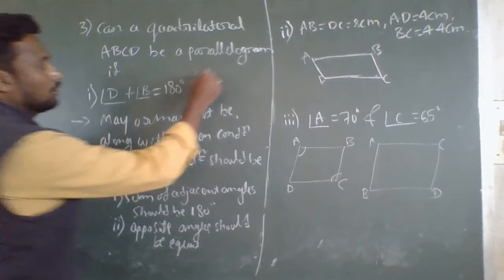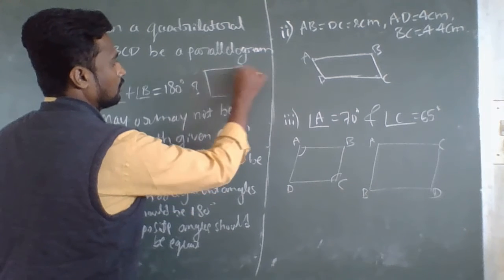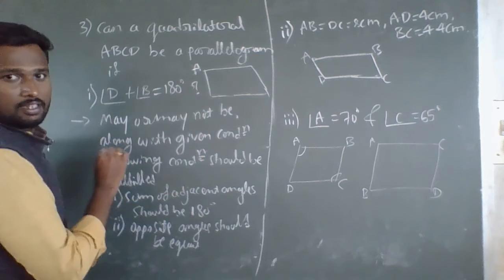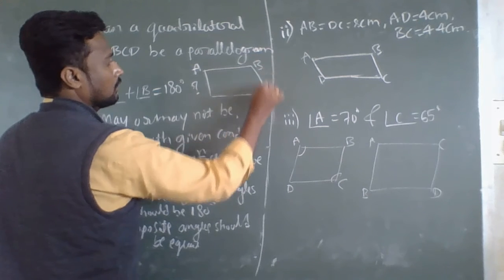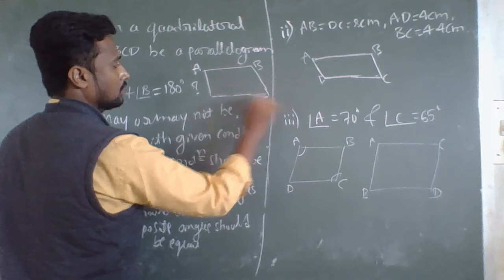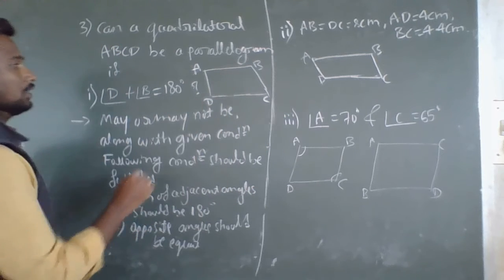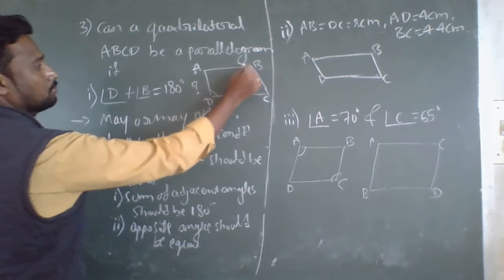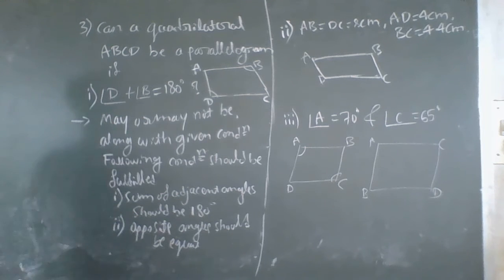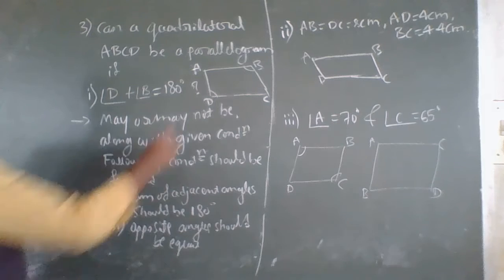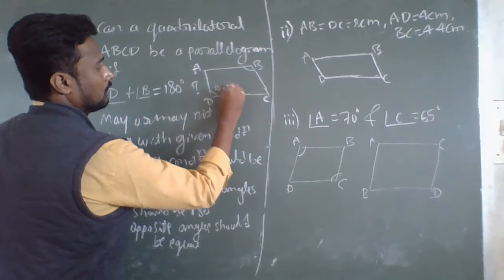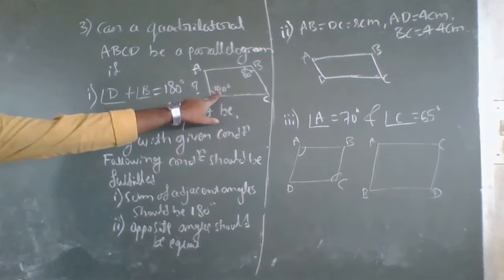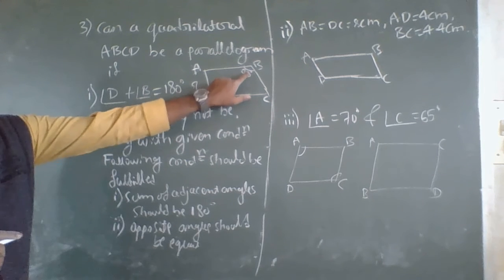Suppose, for example, consider this is a quadrilateral. Here I will name it A, B, C, D. Here angle D plus B is equal to 180 degrees, but here it is 100 degrees and here it is 80 degrees.